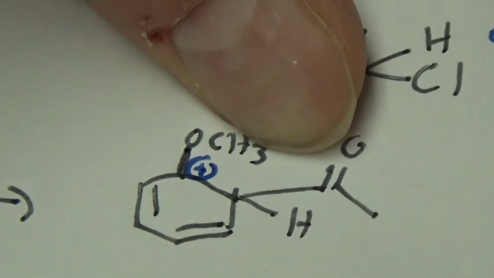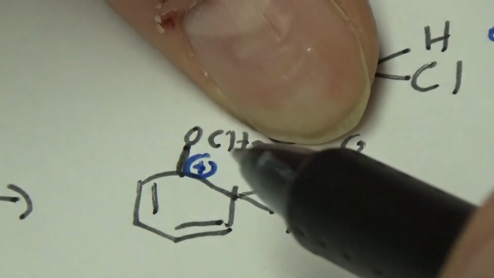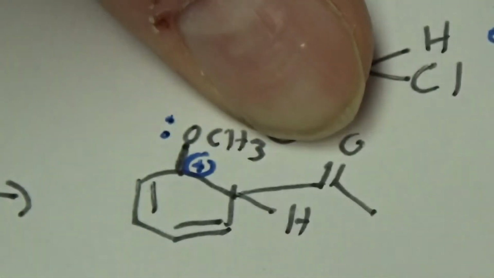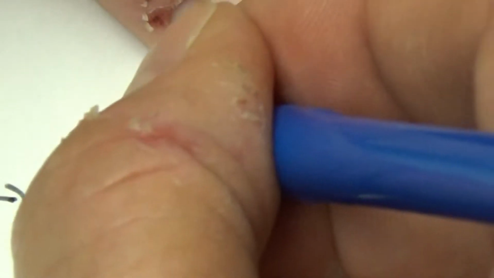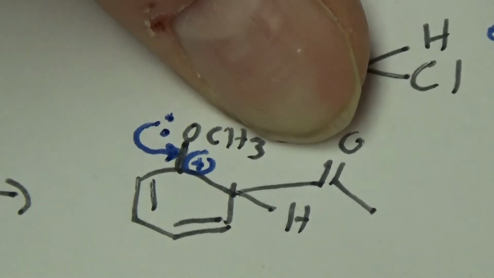So is this happy or not? Of course that's a donating group. Oxygen has a lone pair, and the donating group can kick in and stabilize that positive charge. So yes, that's totally stable. Happy.